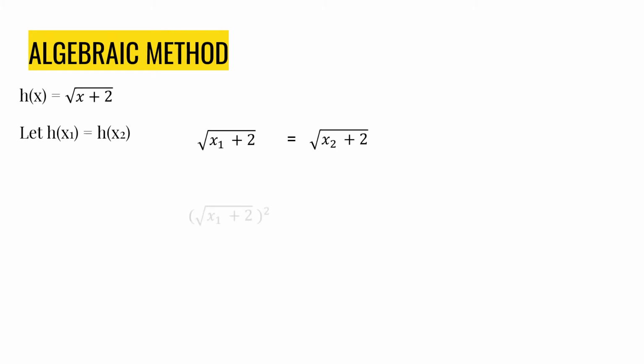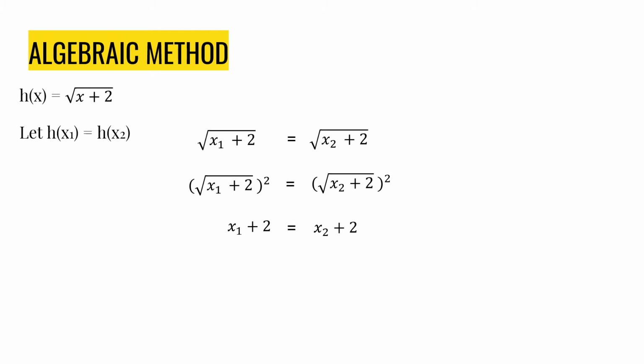First method is the algebraic method. So we let h(x1) equal to h(x2) into the equations. Then we square both sides to remove the square root. Like this, we can get the equations.